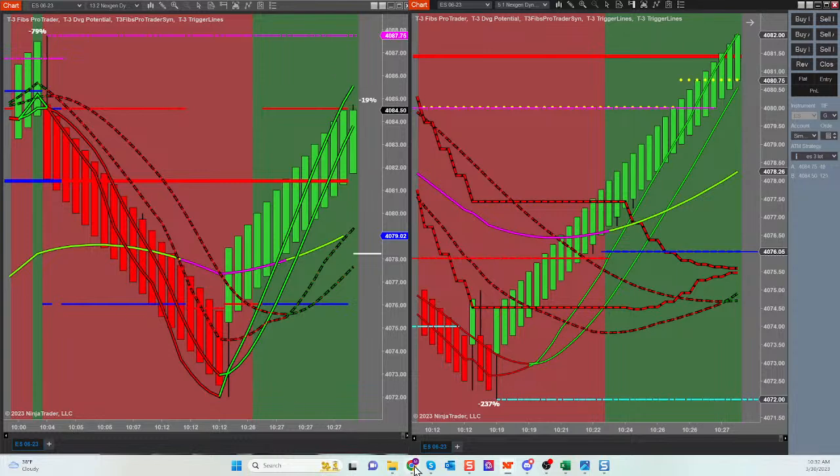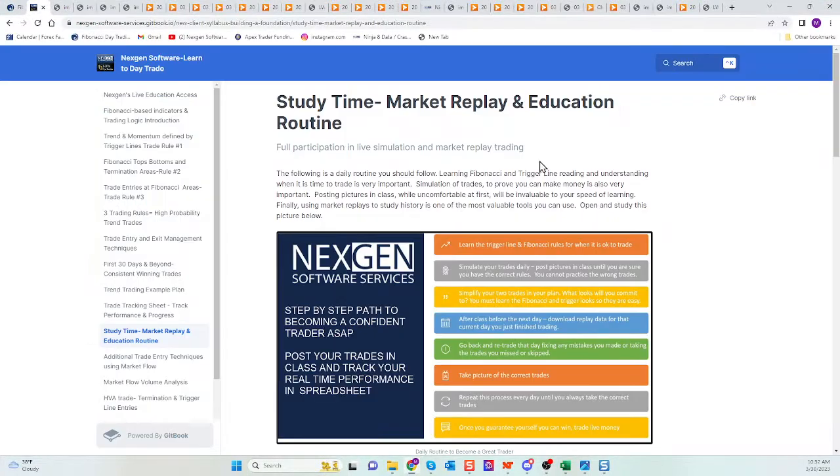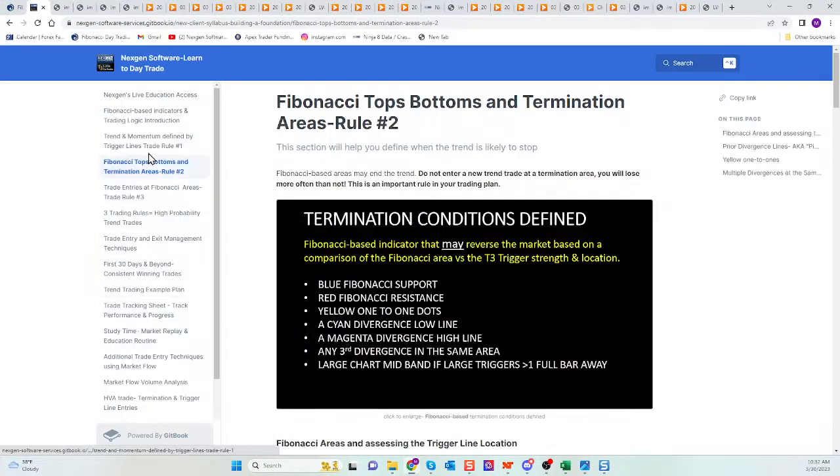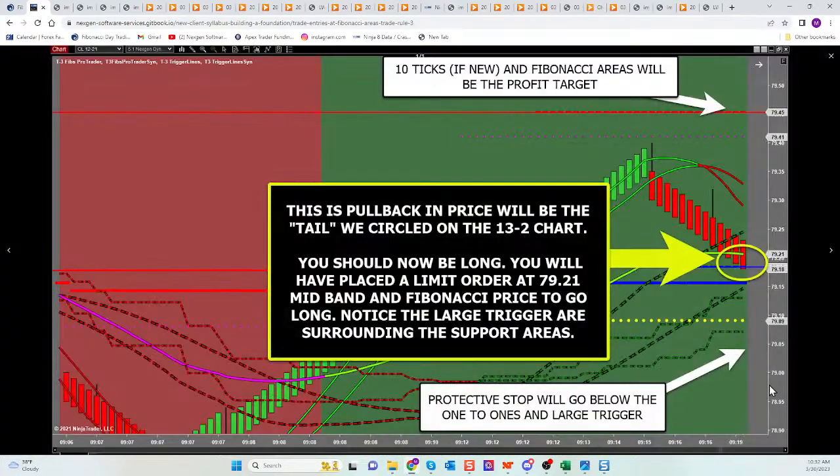And when we talk about it from the manual, and we're looking at those entry rules, protective stop will go below the window of opportunity, right? Below the 1-to-1s, below the large trigger. And I know that we start at 12 ticks.